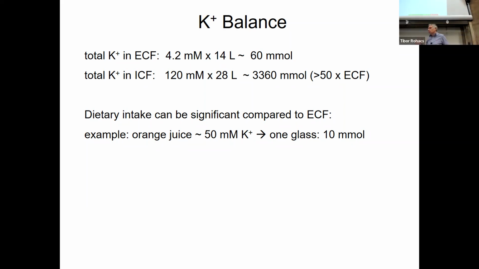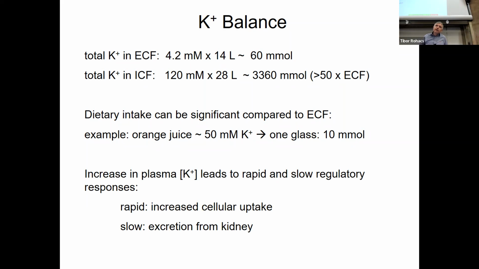Of course, 7 glasses of orange juice doesn't kill a normal person. My kids would not have grown up if that was the case, and you don't see big warning signs on orange juice that say don't drink more than half a glass. So the body really regulates potassium very strictly, and there are quick and slow mechanisms. If you drink 7 glasses of orange juice, there's no way the kidney can excrete it fast enough.